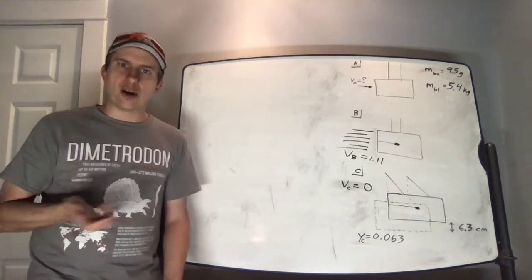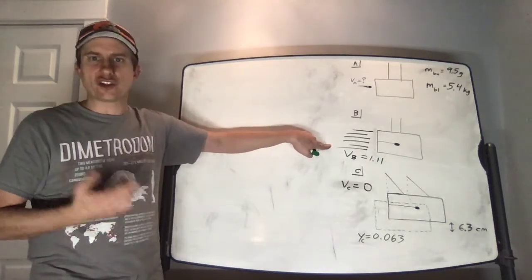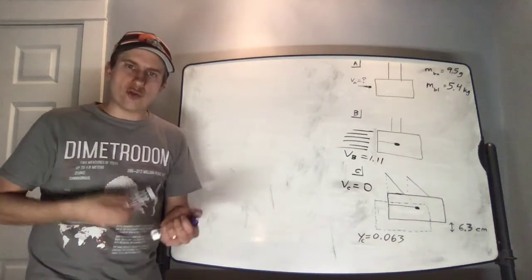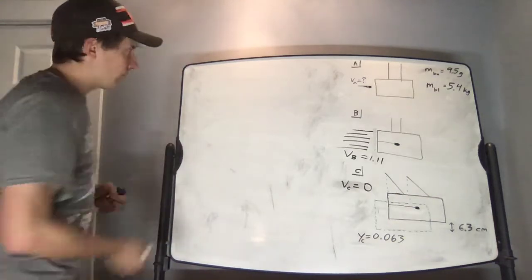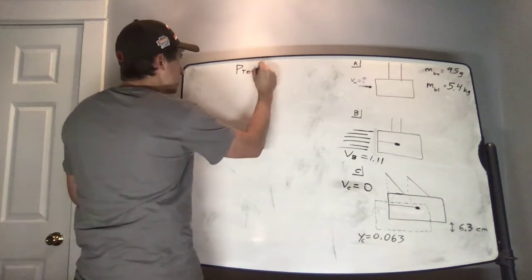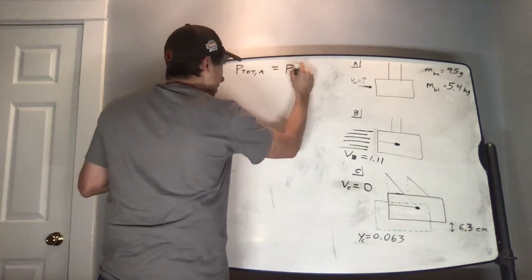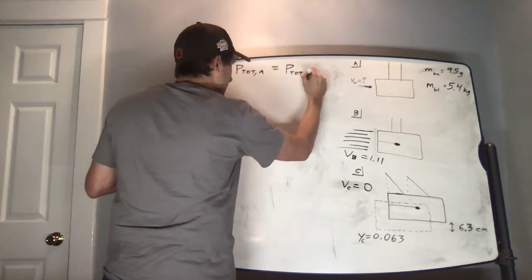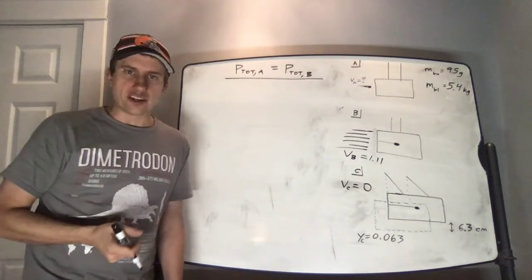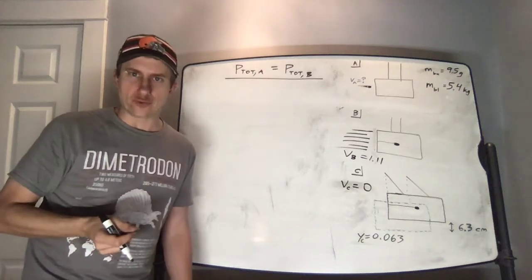However, keeping track of momentum conservation from moment A to moment B would be easy. This is just a momentum conservation problem in one dimension. So I'm going to use momentum conservation. The total momentum, the momentum of every object at moment A, is equal to the total momentum, the momentum of every object at moment B. Because momentum is a vector quantity, we should be assigning a positive and a negative direction.